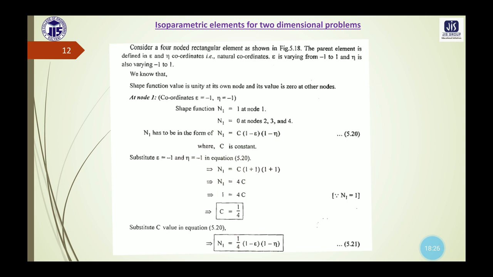Now at node 1 the value of N1 is 1, so the value of the constant C is equal to 1 by 4. Now if we put this C as 1 by 4 in equation number 5.20, then we get N1 equal to 1 by 4 multiplied by (1 minus epsilon) multiplied by (1 minus eta), so this is our equation number 5.21.